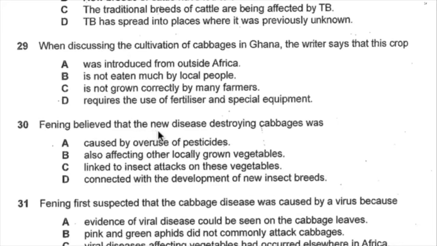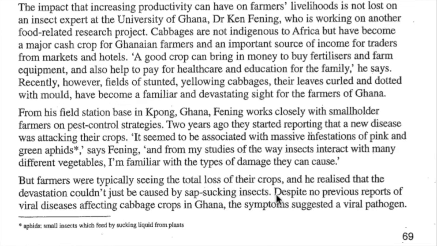Fenning believed that the new disease destroying cabbages was caused by overuse of pesticides, affecting other locally grown vegetables, linked to insect attacks, or connected with the development of new insect breeds. Okay: overuse, pesticides, locally grown vegetables, insect attacks, development of new insect breeds. Loss of their crops, I can see the damage they may cause.